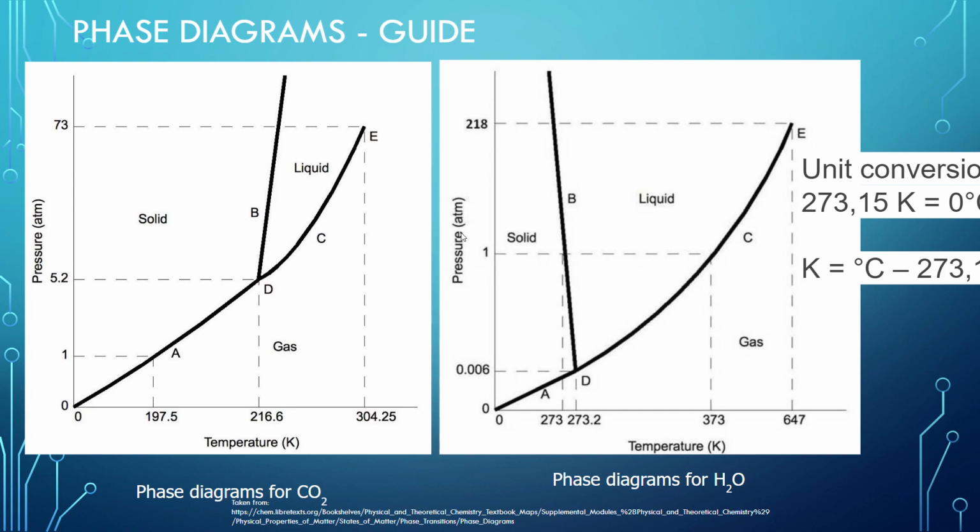So let's take a look here. For example, the triple point of water, we're going to find it at this very low pressure of 0.06 atmospheres and at a temperature of 273.2 degrees Kelvin, so that would be very close to 0 degrees Celsius.